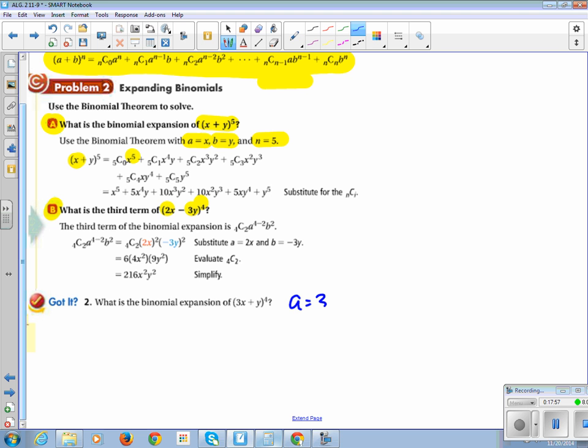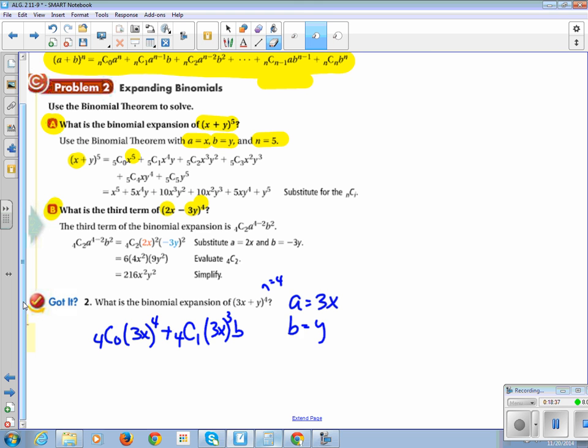For A, we're going to use 3x, and for B, we're going to use y. So our n is equal to 4. So I'm going to go 4 choose 0, 3x to the 4th, plus 4 choose 1, times 3x to the 3rd, b.